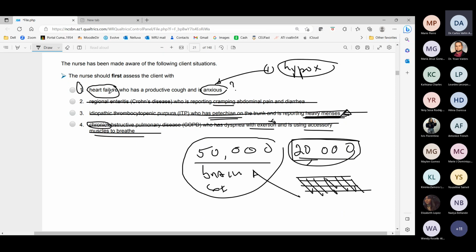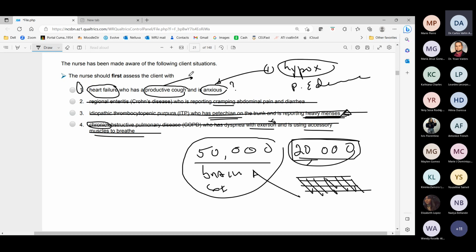The hypoxia in heart failure is related to a condition called pulmonary edema, really with left heart failure. In pulmonary edema there is accumulation of fluids inside the alveoli and the bronchi, and this is going to trigger the cough, and the cough is productive.